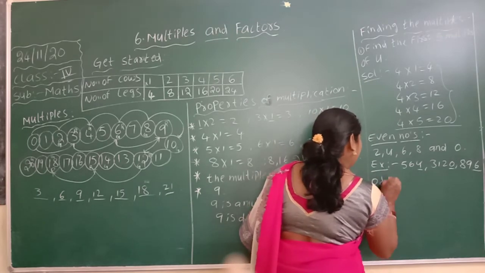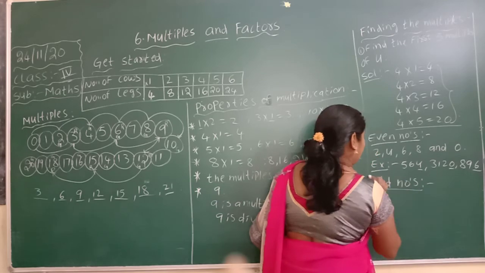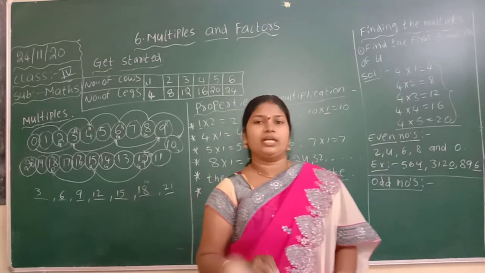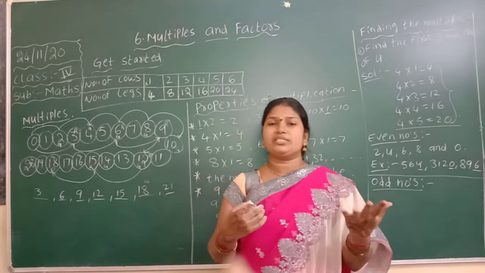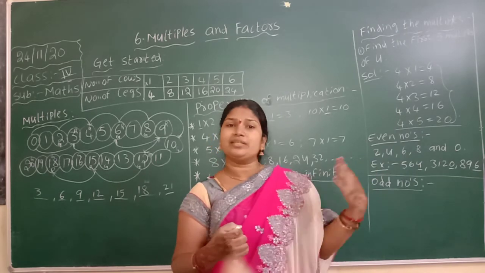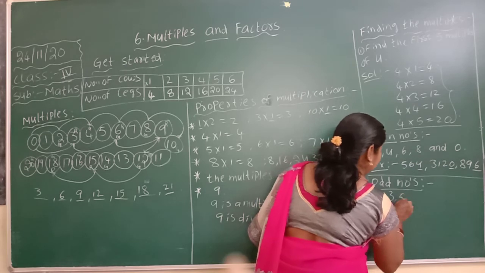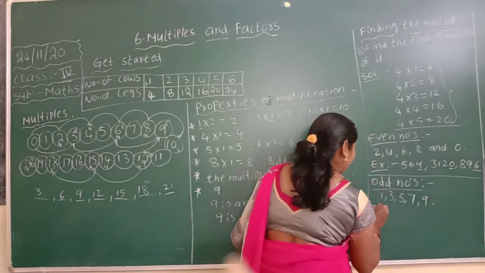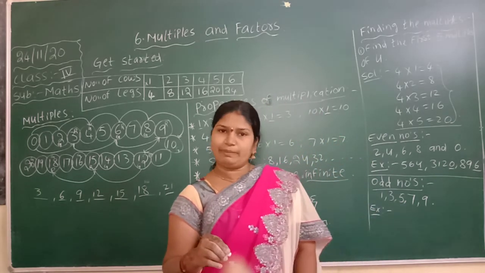And what do you mean by odd numbers? Odd numbers are nothing but numbers which are not multiples of 2. That is 1, 3, 5, 7, 9. For example, here also you have to check the ones place.